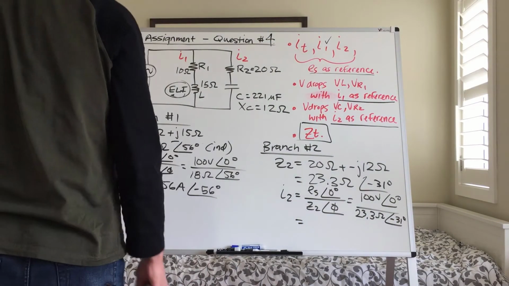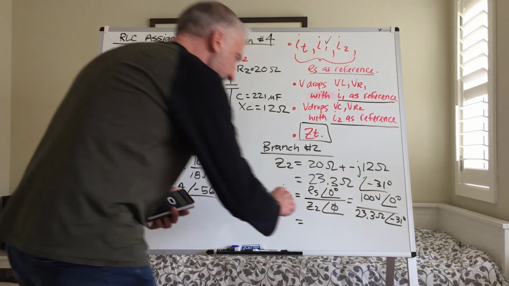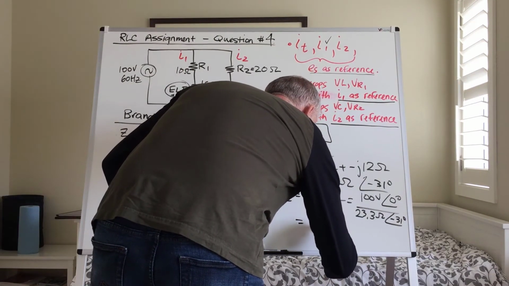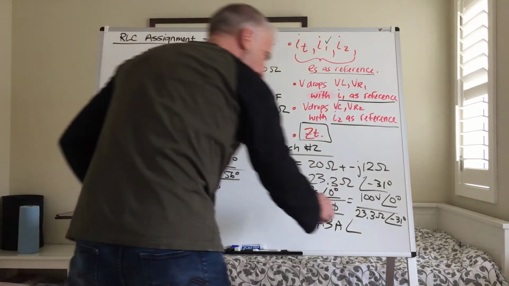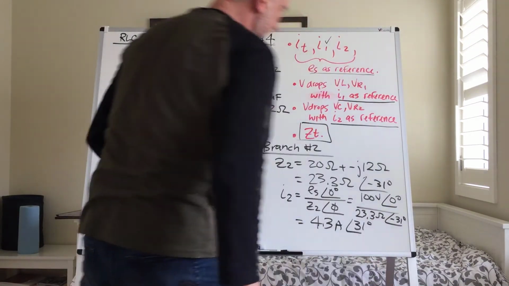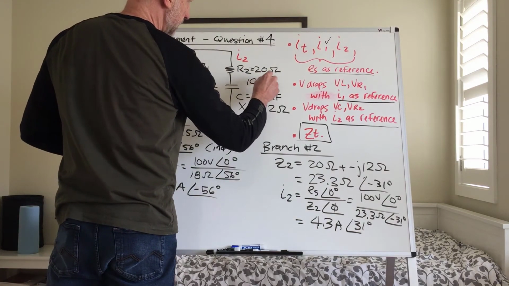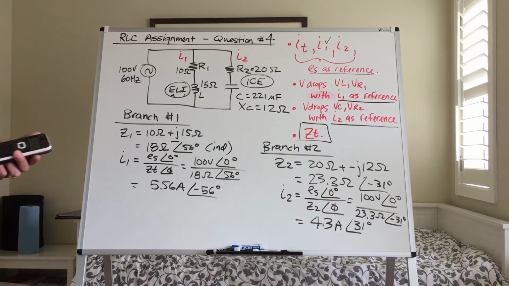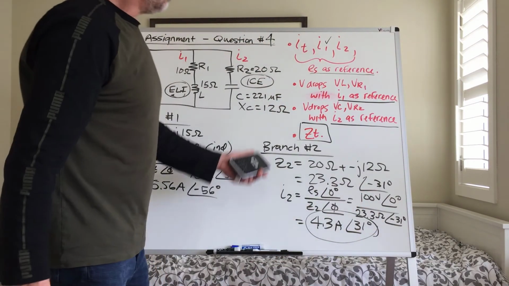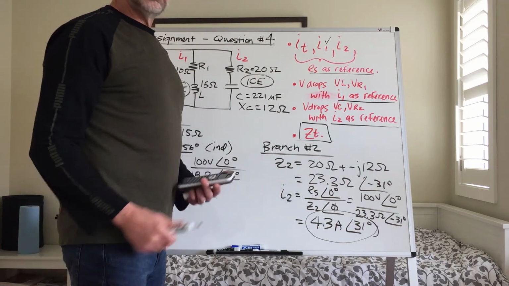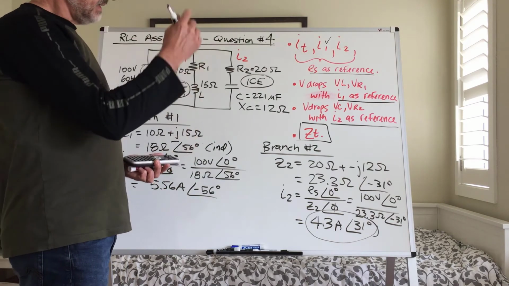The result should be a leading current because it's a capacitive branch, and you have 4.3 amps at 31 degrees. That means the current in this branch is leading the applied voltage, as we know it should be, using this acronym for a capacitive branch. It's leading the applied voltage, with E source as reference, at 31 degrees. I'm going to pause here, erase this, and we'll move on.